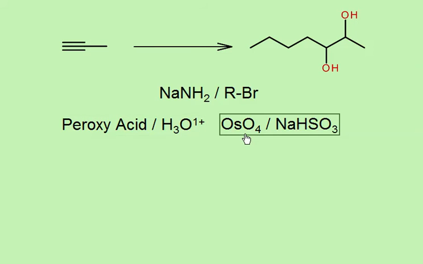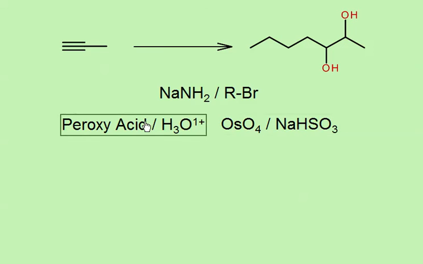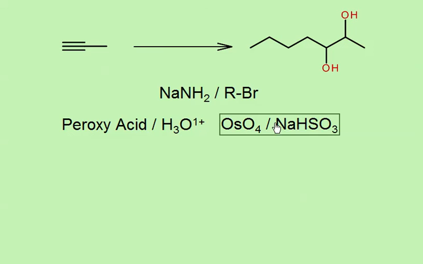Or we could use osmium tetroxide with some sodium hydrogen sulfite in a second step to produce that dialcohol. No real choice to be made between either of the two. Either two steps will be fine.